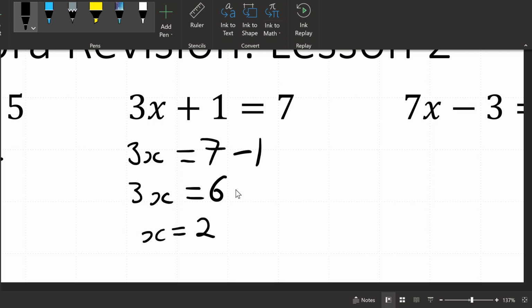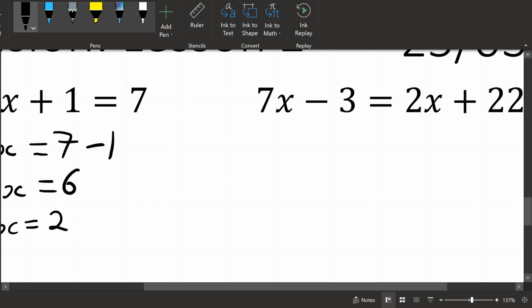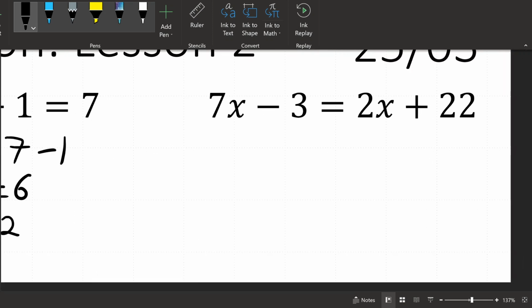Now, one last idea for you girls, and then I will give you your homework. We are going to look at 7x minus 3 equals 2x plus 22. So we want to have the variables on one side, the constants on the other.